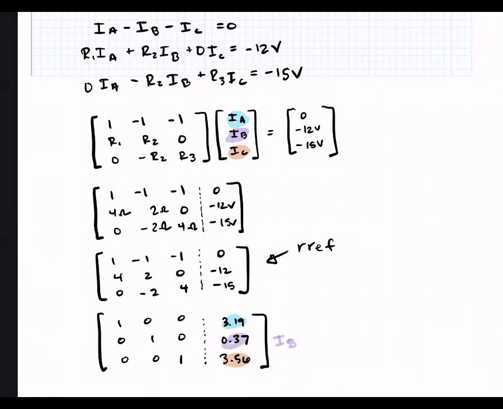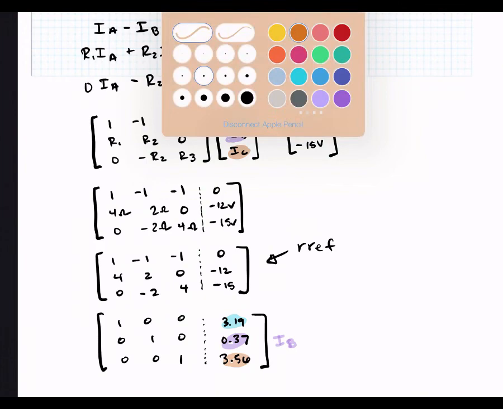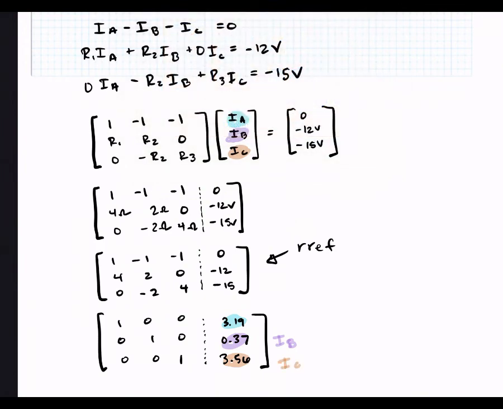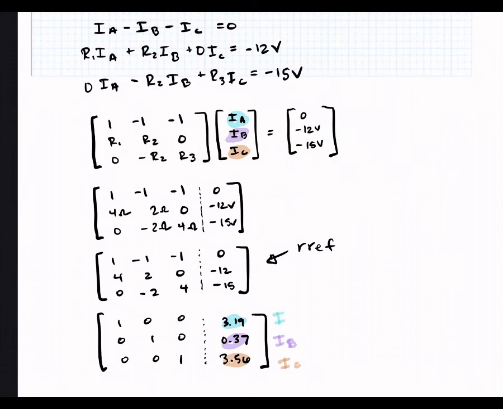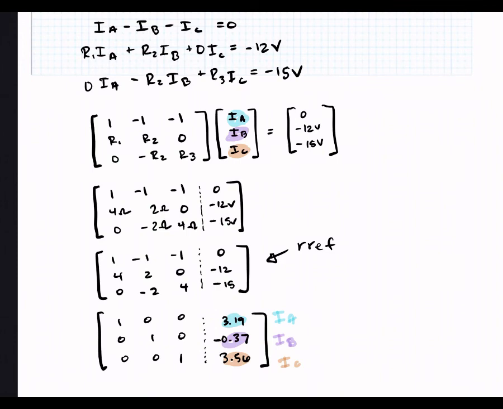So IB, IC, and IA. All right? And this is much easier than going through and doing all of this math by hand or trying to do a bunch of terrible algebra. And you can always use a calculator on your test. Oh, there's going to be a negative here.